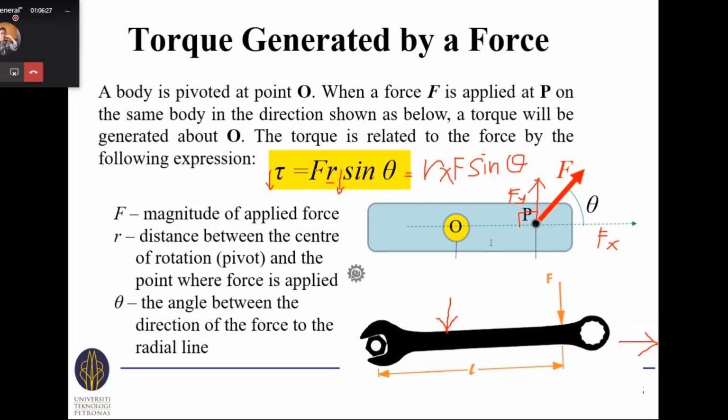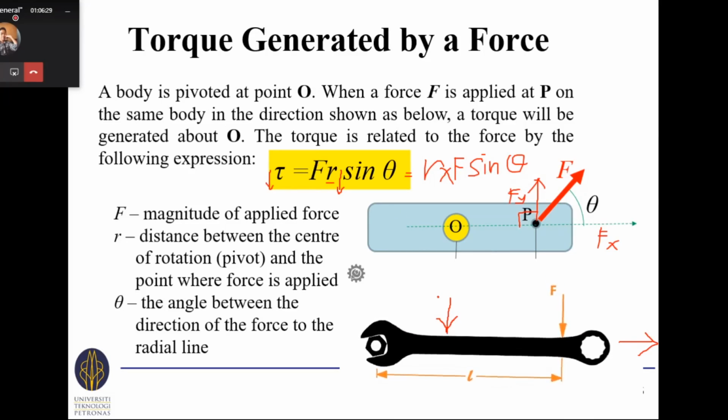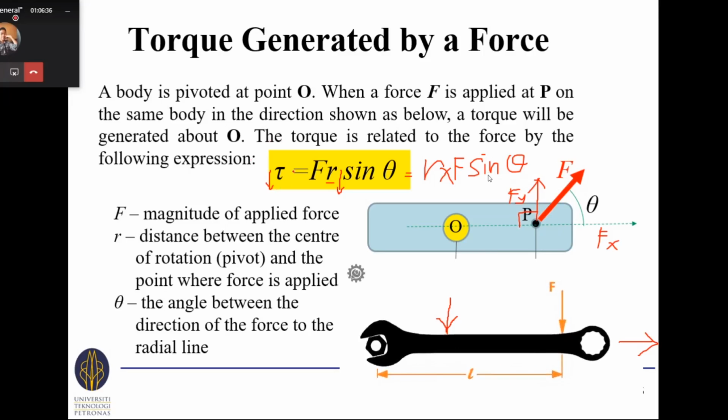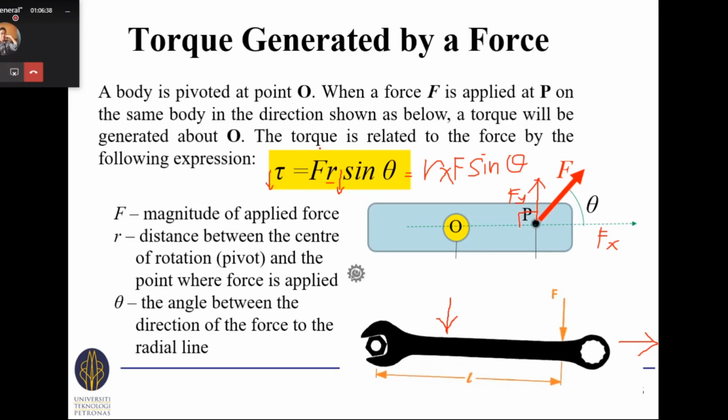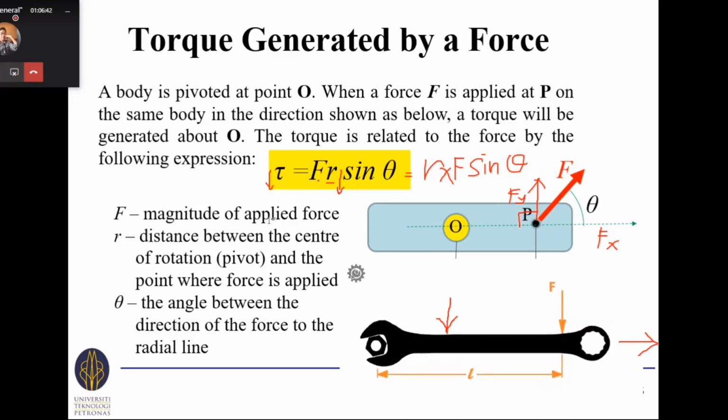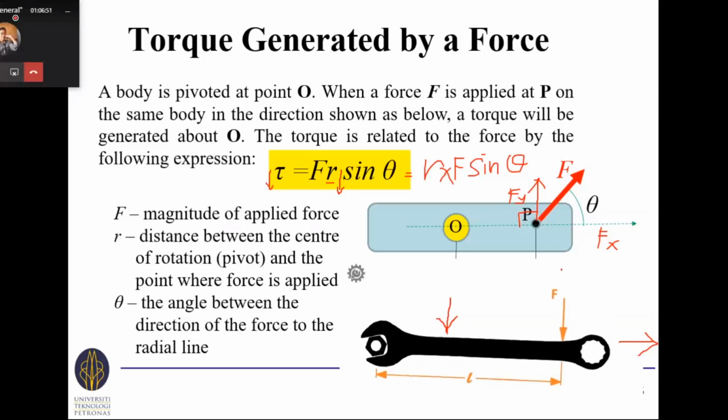In order for you to rotate easily, you must have a big torque. To have a big torque, normally you keep your force and radius far from the axis of rotation. If you make the force greater, you will have greater torque.